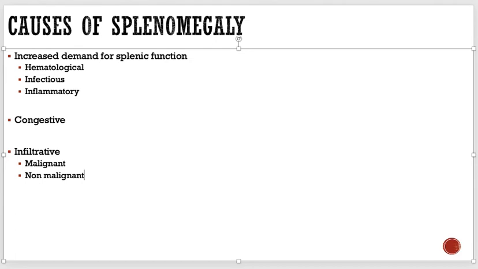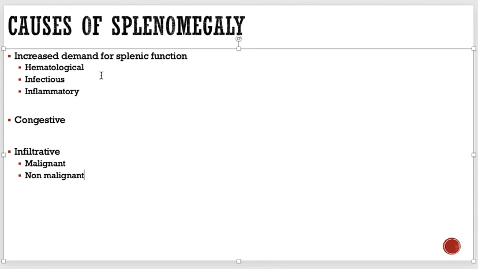Not so hard a concept, guys, so easy. Many of the non-malignant conditions are metabolic, but non-malignant is important so that we can put more and more causes in that one. That's why I write non-malignant.